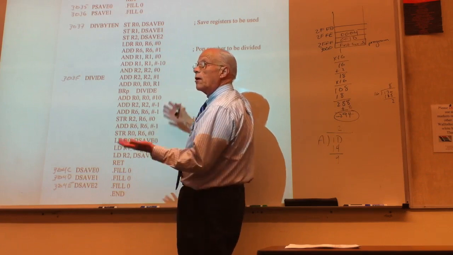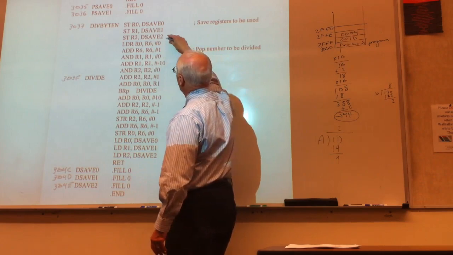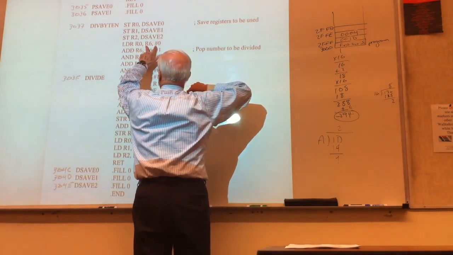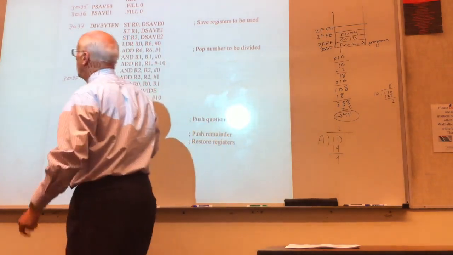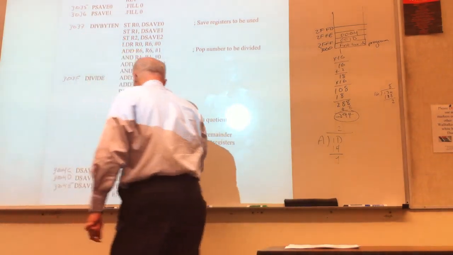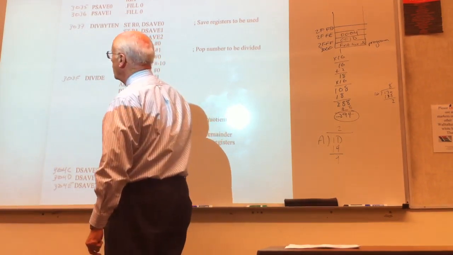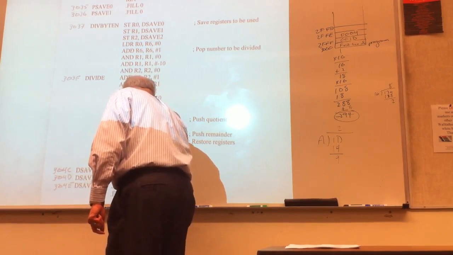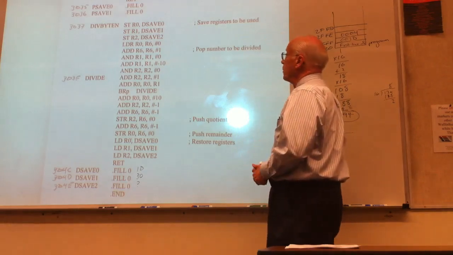So that the main program doesn't see anything changed except for the stack pointer. Okay, so we're going to ignore that. This says load register 0. Well, let's see. We better do that. Puts 1D down here. Puts a 30 here, and I don't know what in there because I haven't used register 2 in the main program.